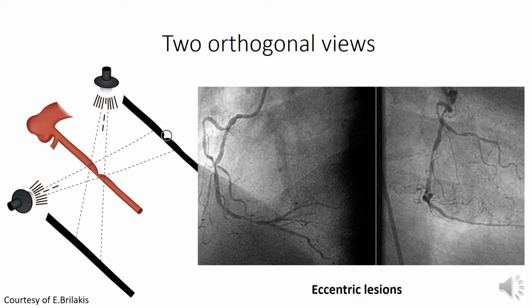When we look at this lesion from the healthy side, you might underestimate it, while if you take another orthogonal or perpendicular view, you can appreciate the lesion. Here is an example: two orientations of the same patient. We can appreciate that the lesion looks tighter when we take another view.